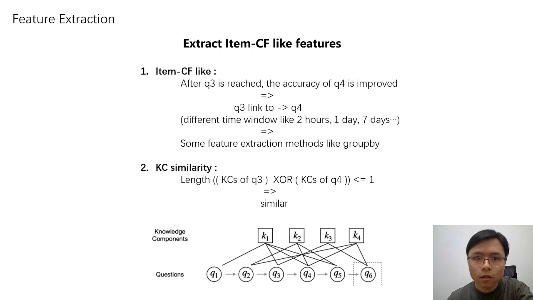But only using this is insufficient. Some bad cases would sometimes happen and it would largely break the features you make. So we must limit the similarity of knowledge components.